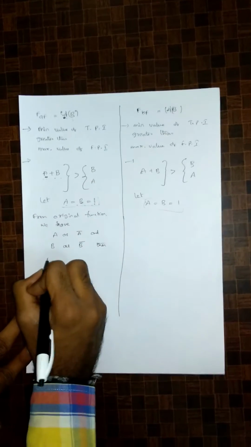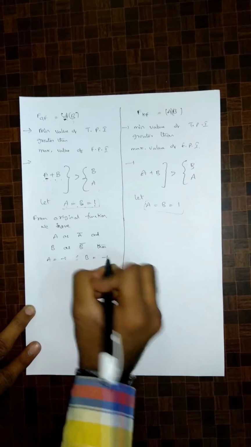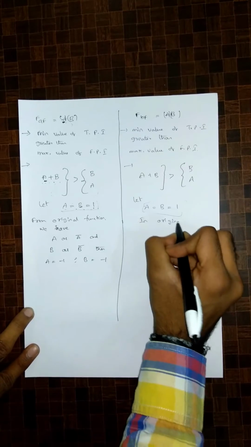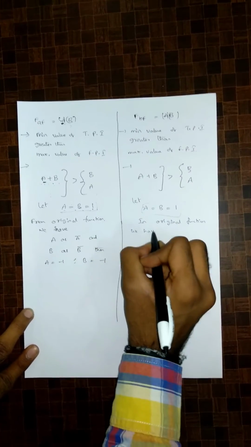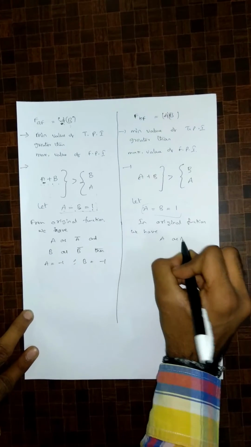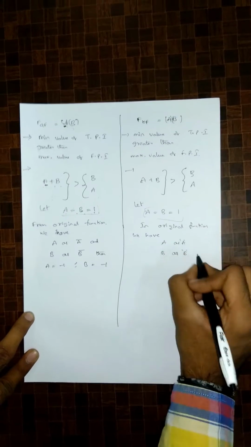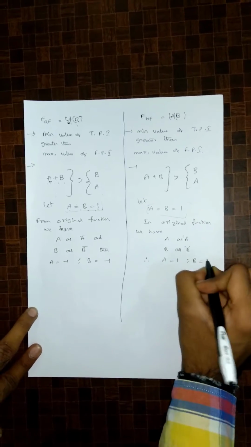Then the value changes as A is equal to -1 and B is equal to -1. In the original function, we have A as A and B as B. Therefore no change occurs, so A is equal to 1 and B is equal to 1.